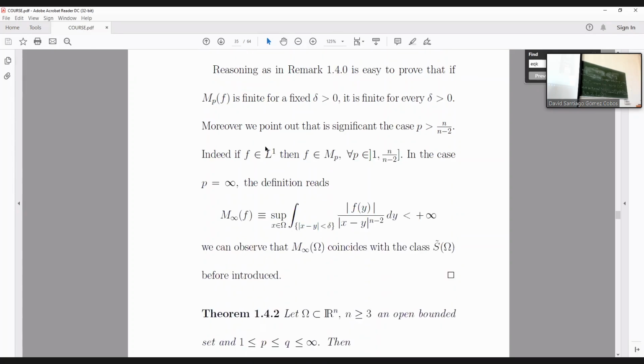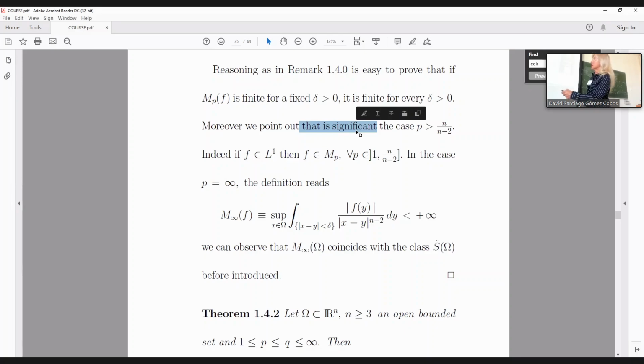Also, we point out that it is interesting the case where p is more than n over n minus 2. Indeed, if a function f is in L1, then f is in LP for every p less than this quantity n over 2. And also, we use later the case where p is infinity.